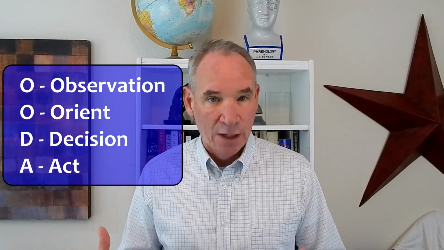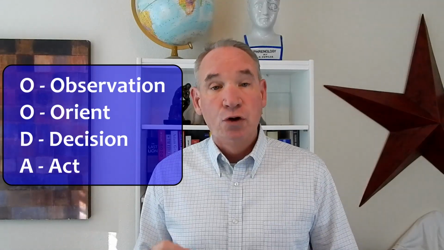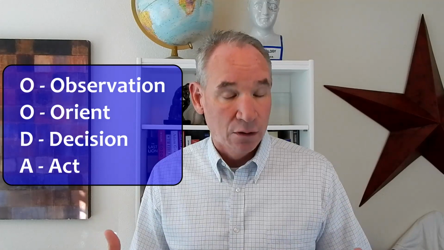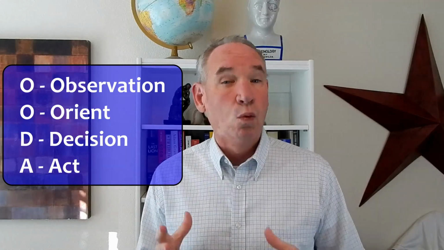Now, let me give you an example so we can better understand this. Say one night you're sitting on your couch watching TV and you hear a noise outside. That's the observation stage. So you look at the window or the door. That is your orientation stage. And the decision part comes in. You go through in your mind all the possibilities of what that noise could be.